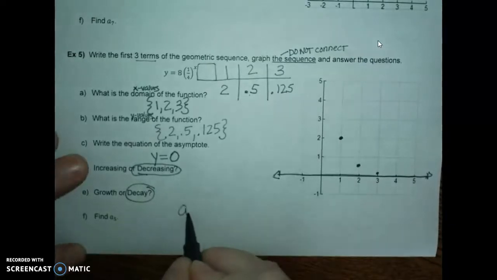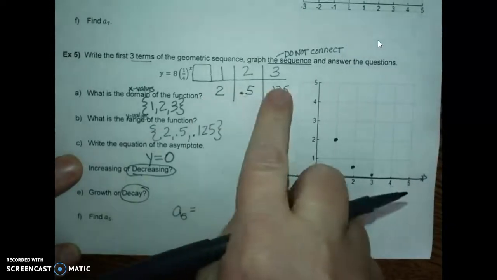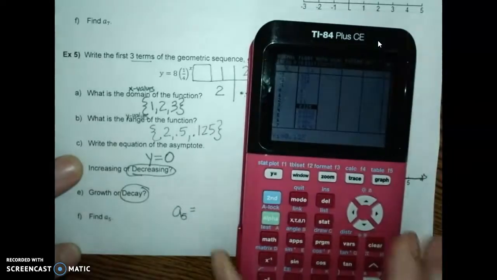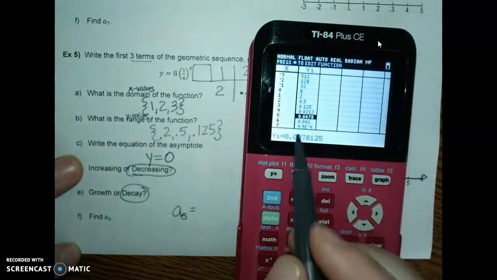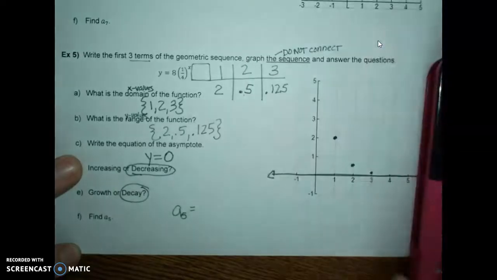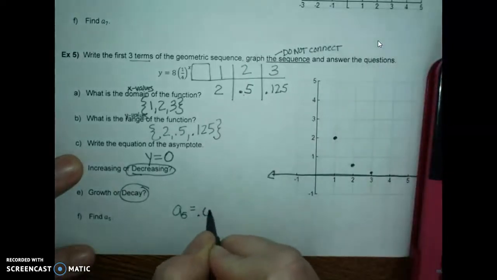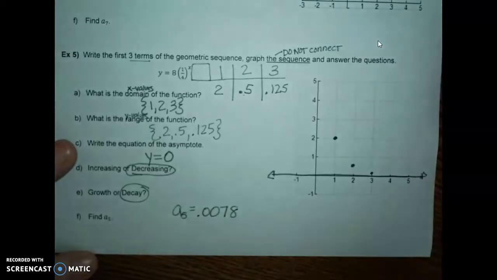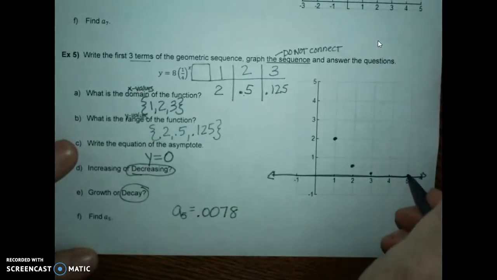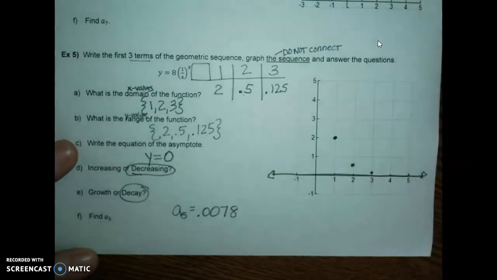And to find the 5th term, that means where x is 5. I could either keep this pattern going, or I could go back to my calculator and go to where x is 5. And I see it's 0.0078. So that means way out here at 5, it is so close to the asymptote we can't even draw that close. Our pencils are too fat.